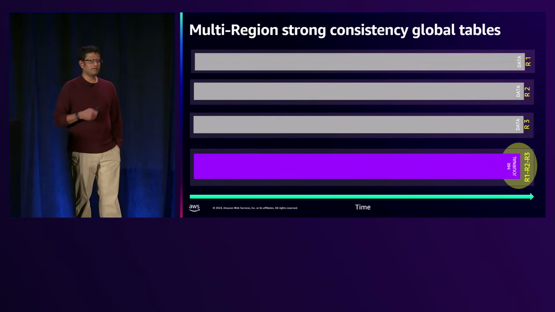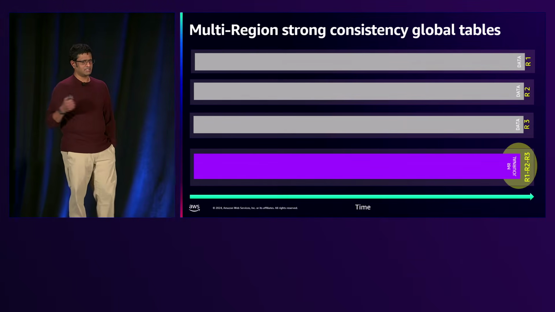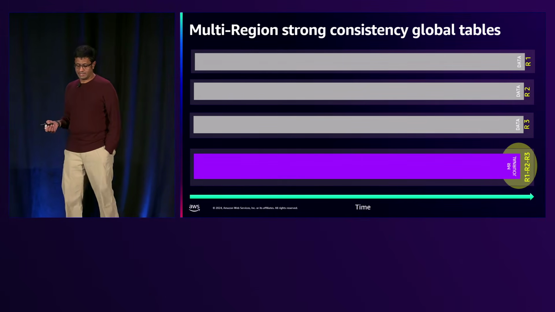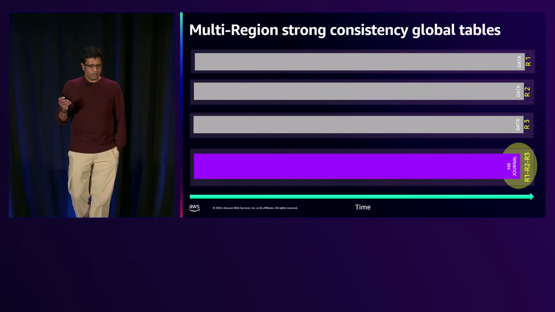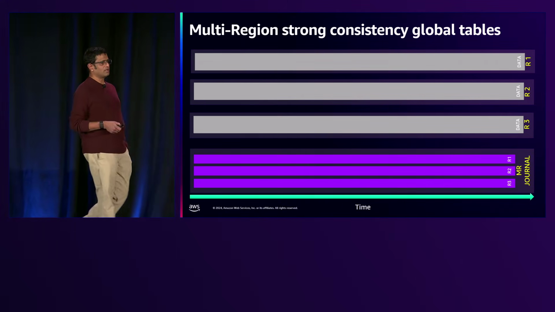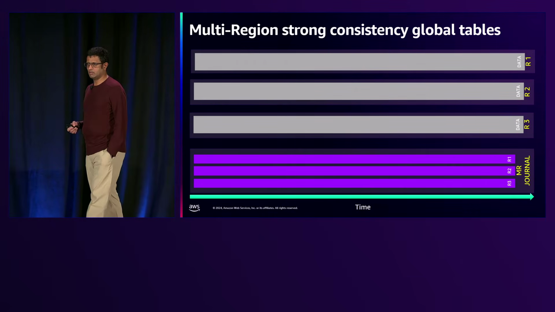We use the same building block which is used across all database services for building multi-region strongly consistent databases. We use something called a multi-region journal. And what is this multi-region journal? The multi-region journal is just a set of logs across the regions the MRSC global table spans.